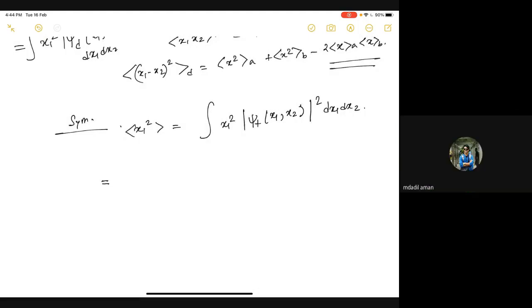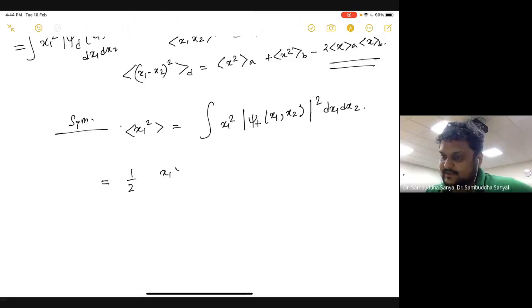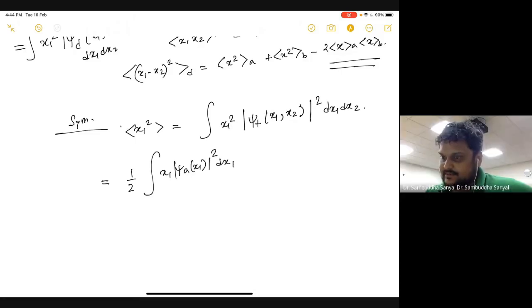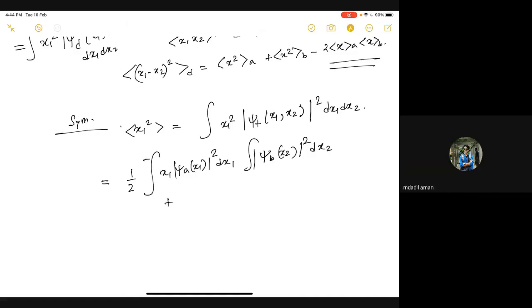So the first term will be psi a x1, whole mod square, integrated over dx1 with x1 square, times psi b x2 squared dx2. Yes, this is squared, right?